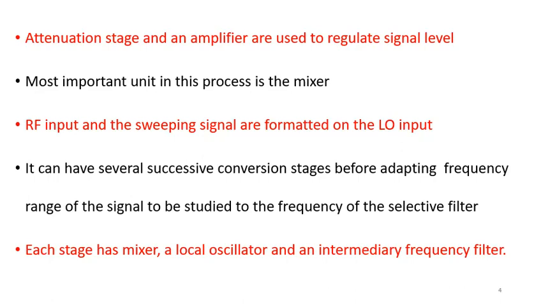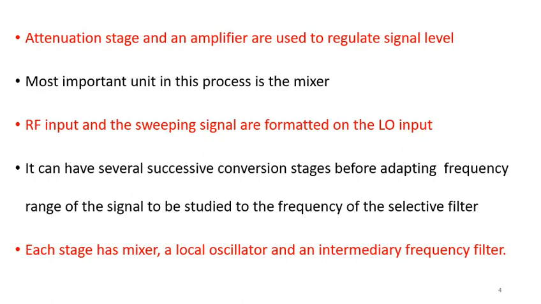And we also have several stages for conversion, and these conversions are made in such a way that we can allow only the range of the allowed frequency to reach our next stage.